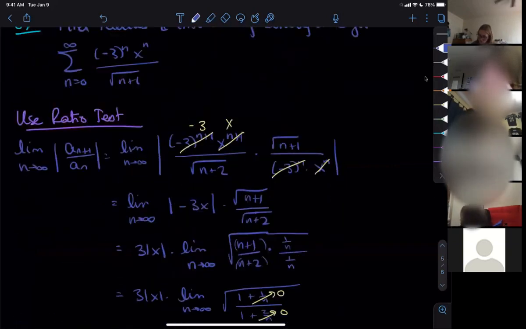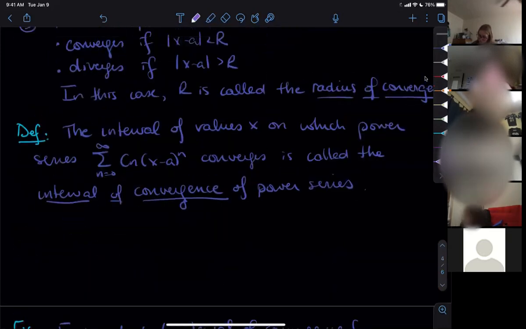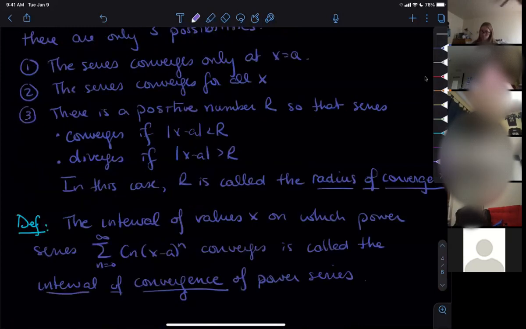What is this centered at? Okay, let's see. All right, so what's the radius of convergence? We look back here at the definition of the radius of convergence, that's the number so that when you're less than that number, you converge, and when you're bigger than that number, you diverge.